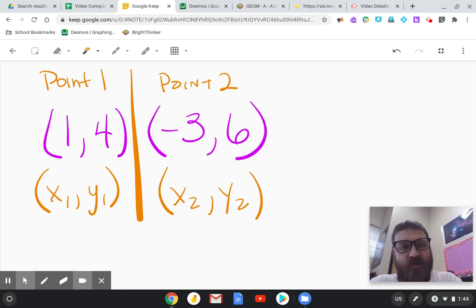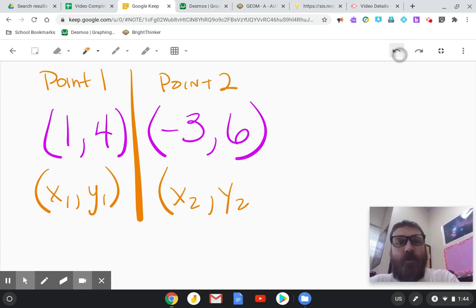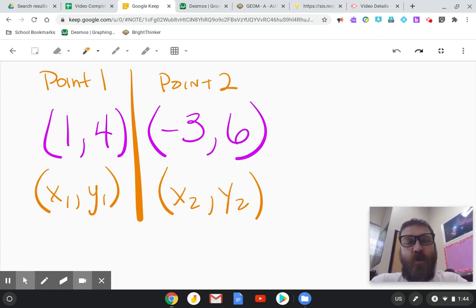Because this is point 2, this is going to be x2, y2, and this is x1, y1. Those are the different inputs that we're going to use in our equations.